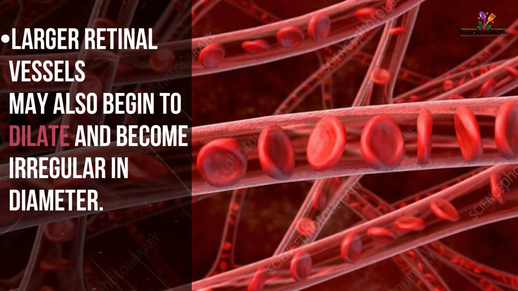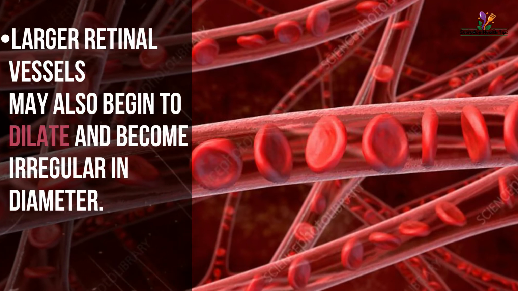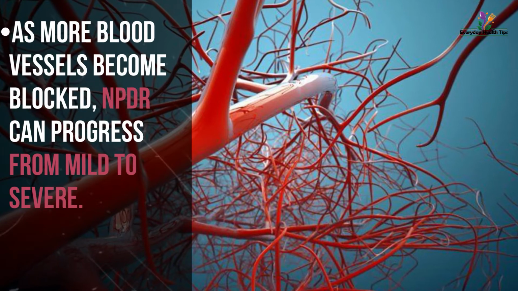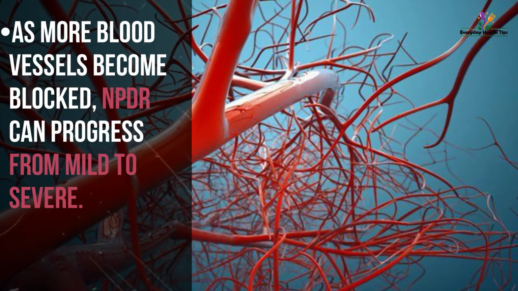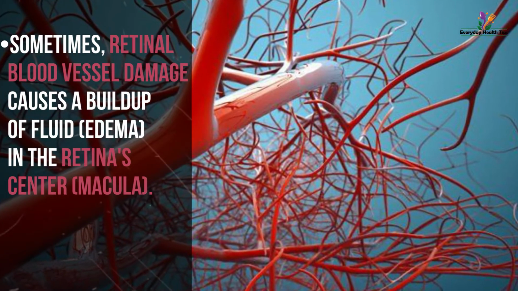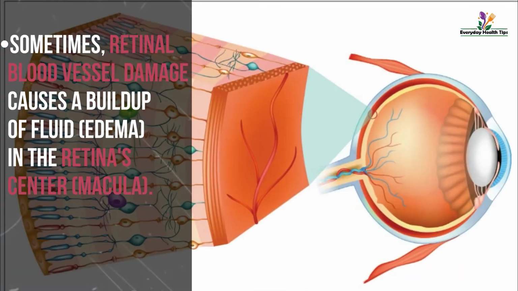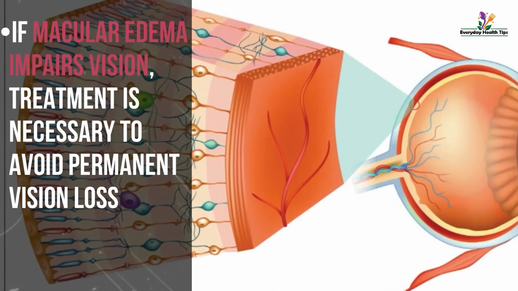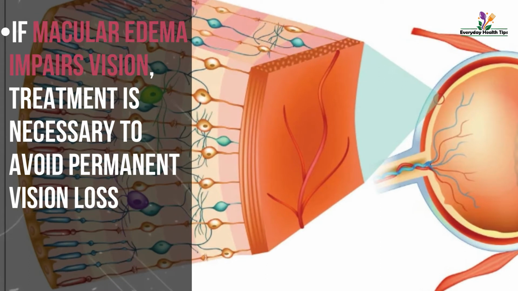Larger retinal vessels may also begin to dilate and become irregular in diameter. As more blood vessels become blocked, NPDR can progress from mild to severe. Sometimes, retinal blood vessel damage causes a buildup of fluid, edema, in the retina's center, the macula. If macular edema impairs vision, treatment is necessary to avoid permanent vision loss.